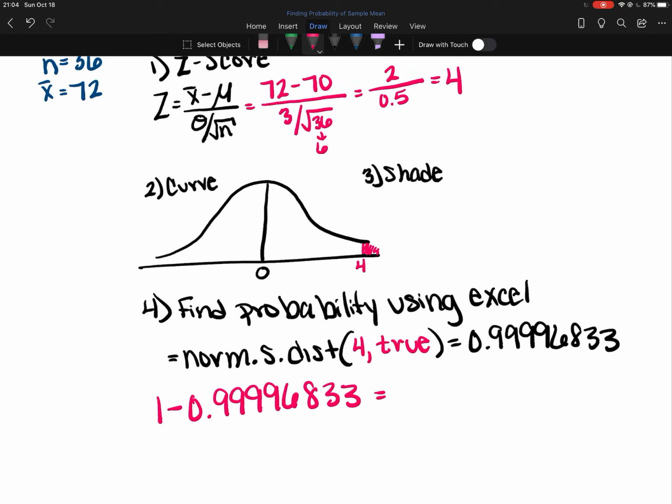When we do that, 1 minus 0.99996833, it is a very small probability. If you were to round this to 4 decimals, the answer would be 0.